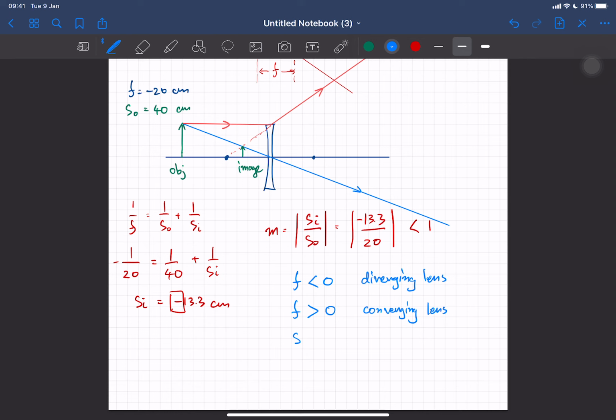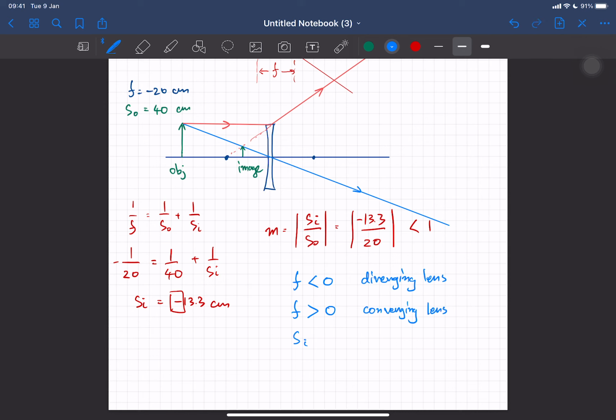And then SO will always be greater than 0, because there's no reason why SO has to be negative. Some people say that if the object is on the other side of the lens, then we call it negative. But you can always flip the whole thing so that the object is always on the left-hand side of the lens. So SO will always be positive.